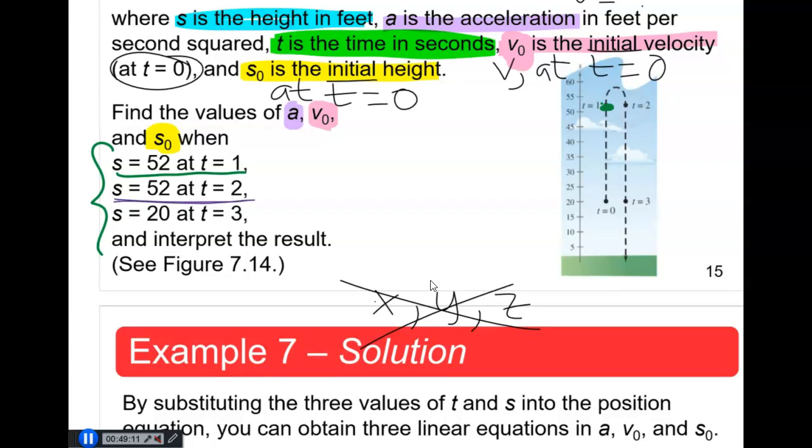So you could see it here. And it's no surprise that it looks like an upside down parabola. In fact, it is a quadratic equation. So then we have that S equals 20. The height is 20 at t equals 3, so at 3 seconds.